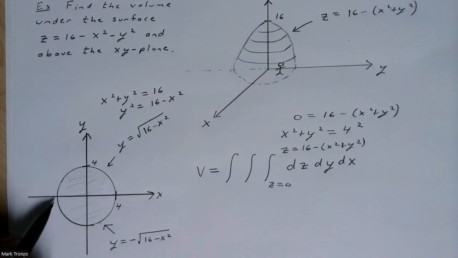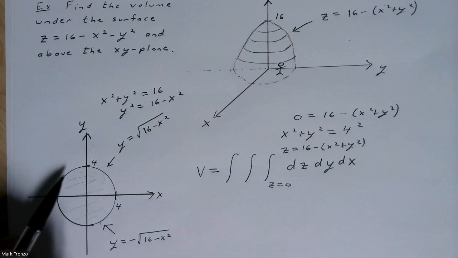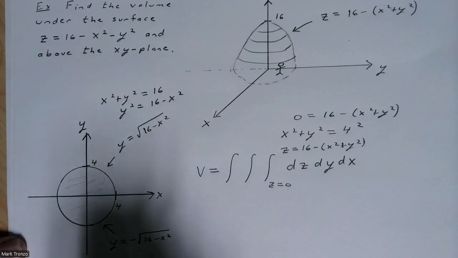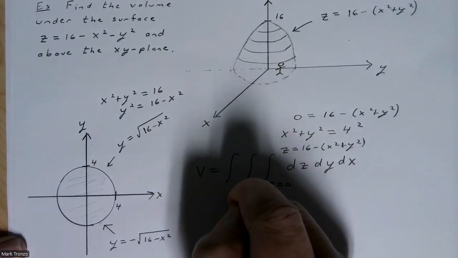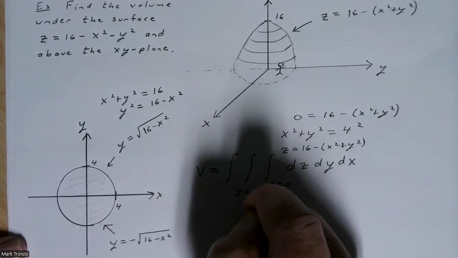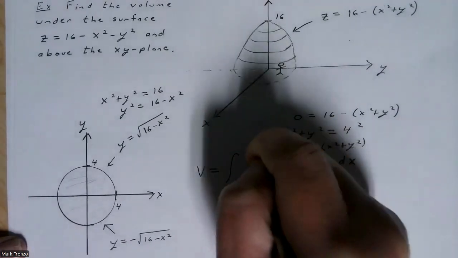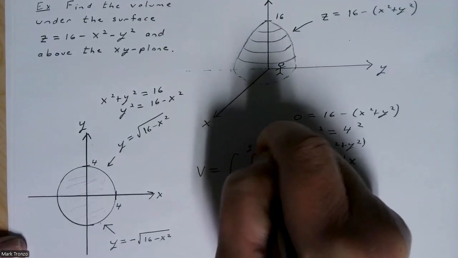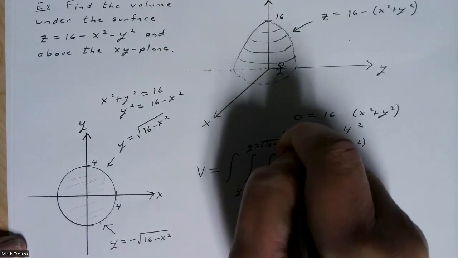The minus is going to be the lower half of the circle, and the plus is going to be the upper half of the circle. So, again, I'm just going to write this temporarily. So, in this case, you would go from y equal negative square root of 16 minus x squared to y equal square root of 16 minus x squared.